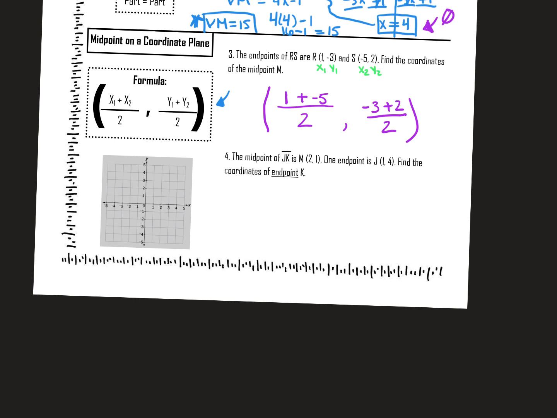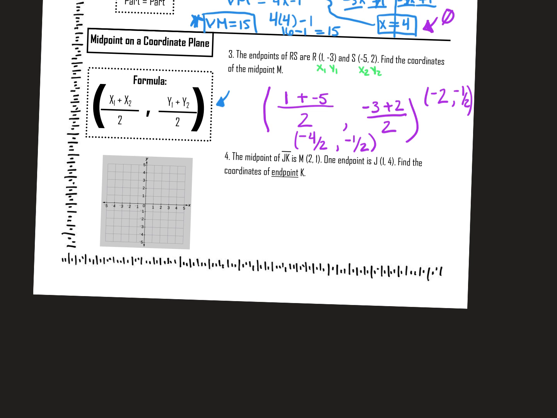And so now 1 plus -5 is going to be -4/2, comma, -3 plus 2 is going to be -1/2. And now we have to simplify. Does -4/2 simplify? The answer is yes, and it goes down to -2. Does -1/2 simplify? No, it doesn't. It just stays -1/2. So my midpoint would be at (-2, -1/2).